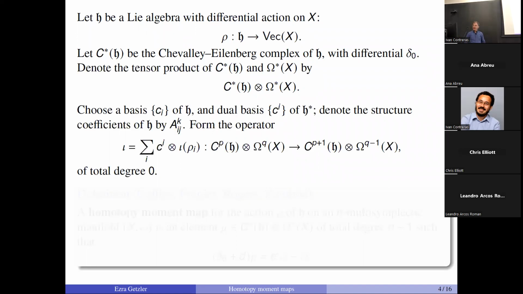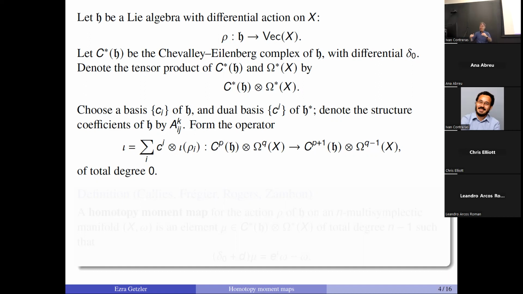Just for convenience, let's choose a basis of the Lie algebra and a dual basis. Then we have this operator which captures the action. It does the contraction of vector fields on the de Rham side, and it does the multiplication by a ghost, if you're into field theory, on the Chevalley-Eilenberg side. That combined operator is degree 0 in total degree.